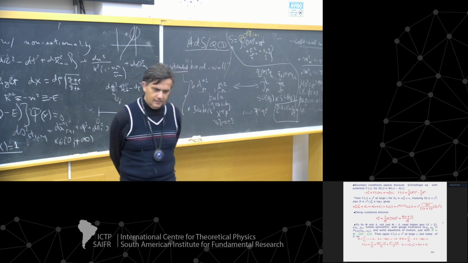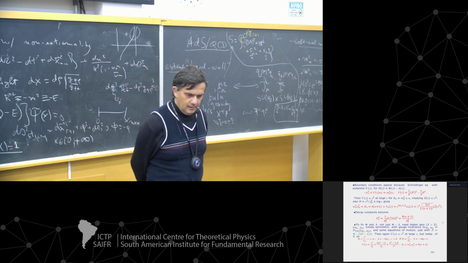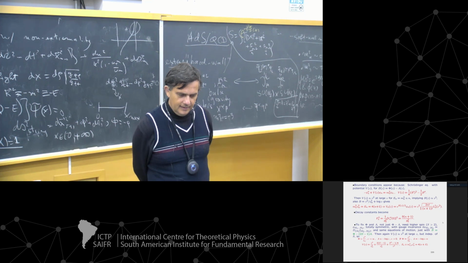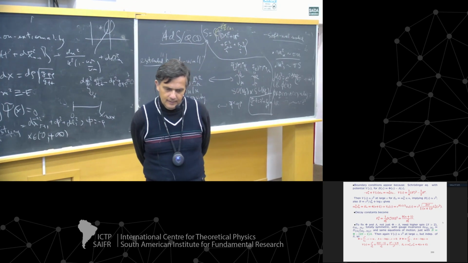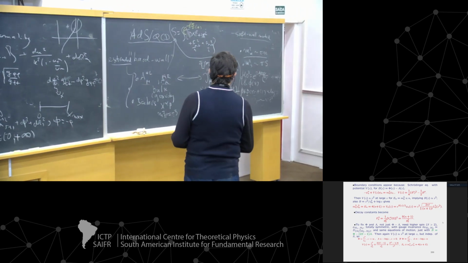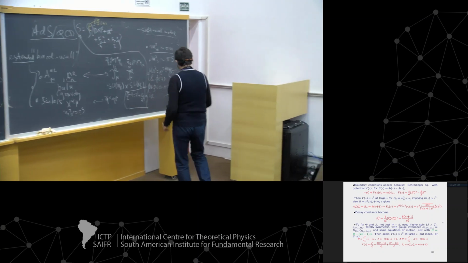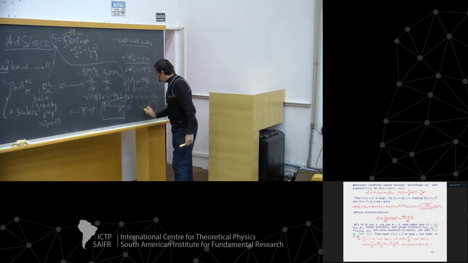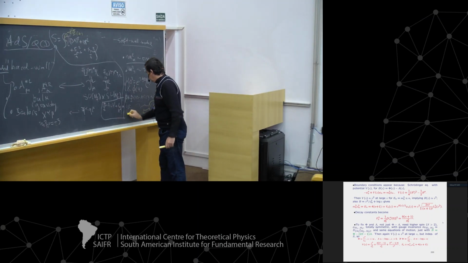Now it gets a little bit more complicated. And so then this behavior was such that I get mn squared proportional to n.